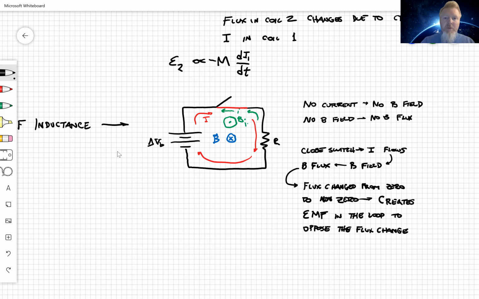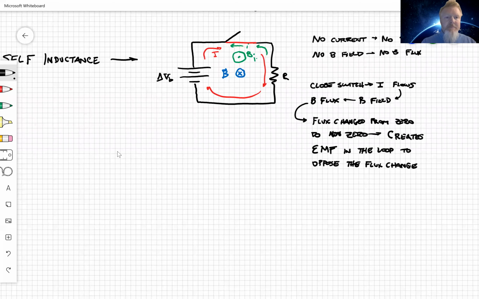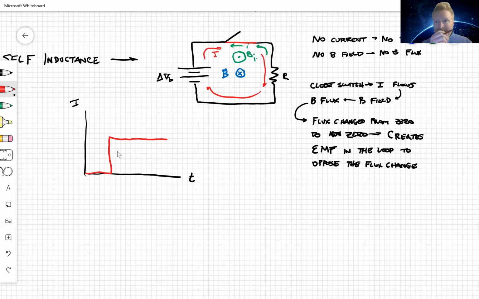Prior to this, what we used to expect was, here's the 0, switch on, ding, right? That's what we would have expected before we encountered all this situation with the flux.